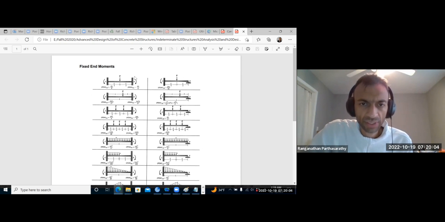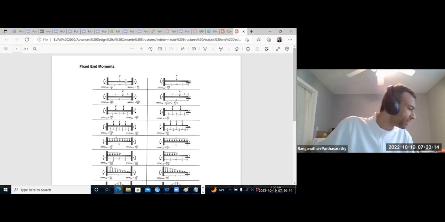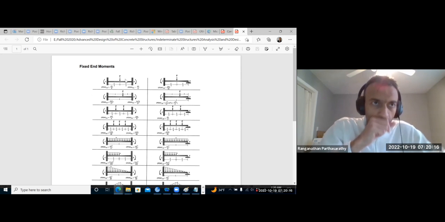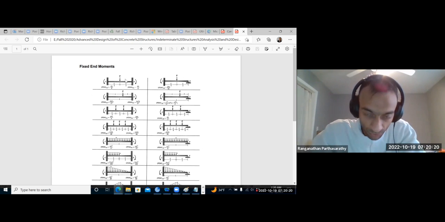So this is the table of fixed end moments. You might remember it from your structural analysis courses. For a concentrated load at midspan, PL by 8 is the fixed end moment at either end.